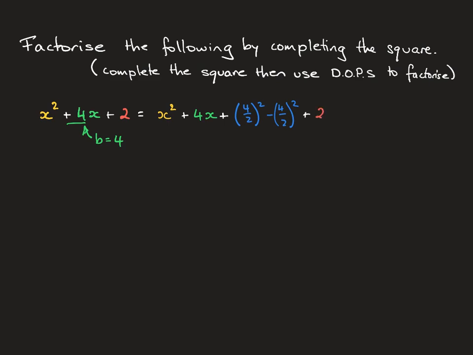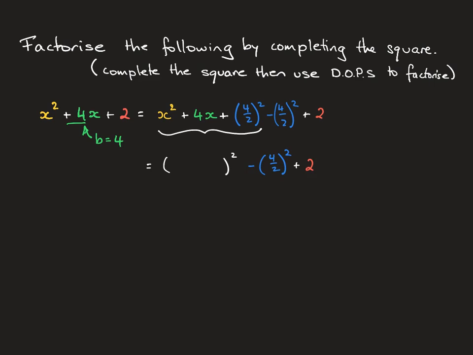And then what we're going to do is we're going to combine this perfect square section into the perfect square that it was. And then we're going to have left over on the end the minus 4 on 2, which is in fact 2 squared. I'll leave it as 4 on 2 for the minute. Squared plus 2.